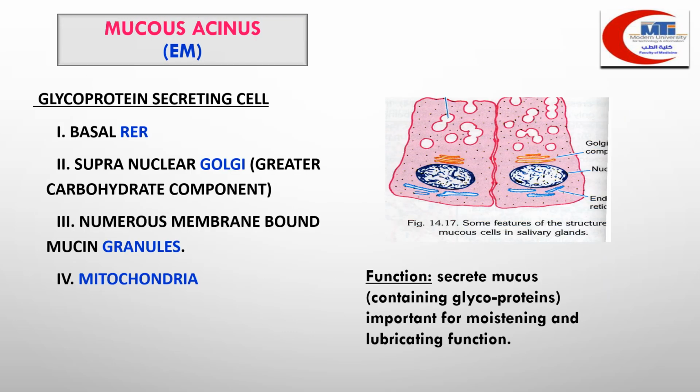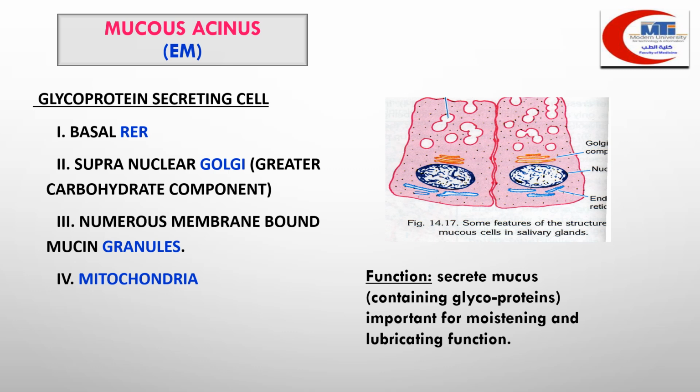The content of the mucus in the saliva is very important for moistening and lubricating function. The mucus contains glycoproteins, which are formed by the well-developed supranuclear Golgi, which can be seen by an electron microscope.